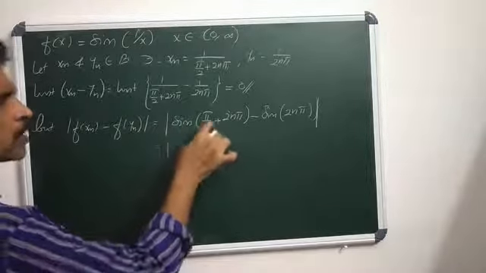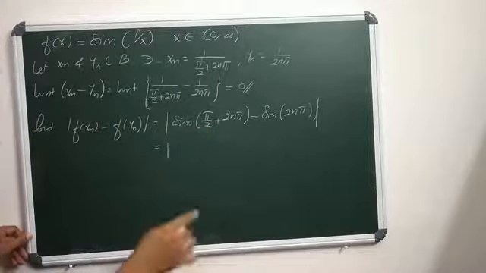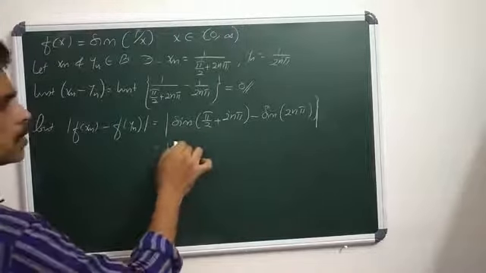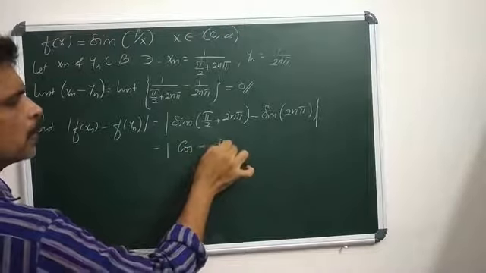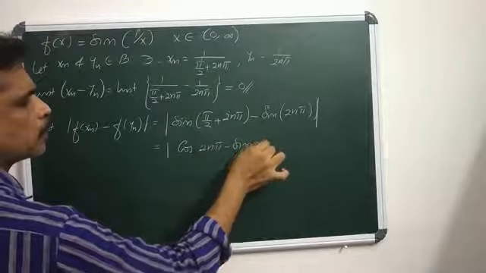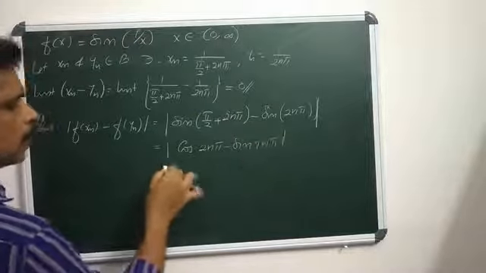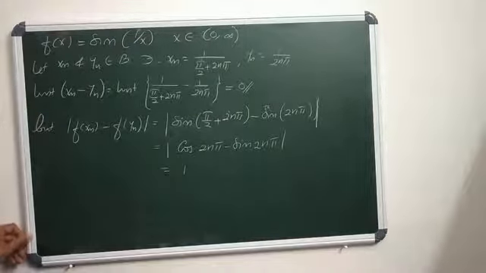Sin of (pi by 2 plus theta) is cos theta, so it is cos 2n pi minus sin 2n pi. Sin 2n pi is 0 and cos 2n pi is 1.